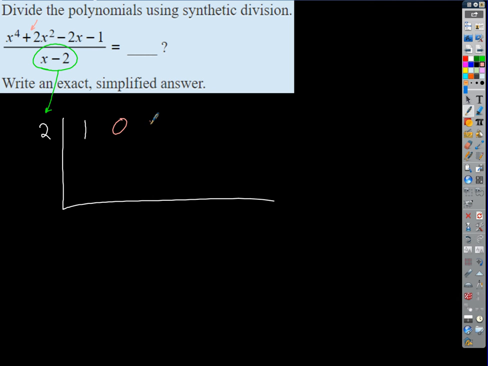Okay, now what? And so we can put our remainder box under there, right? Now what? Take the 1 down.